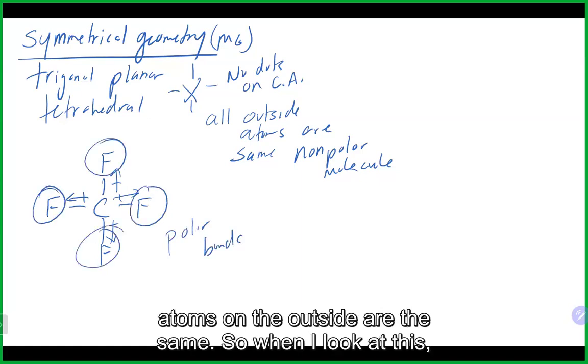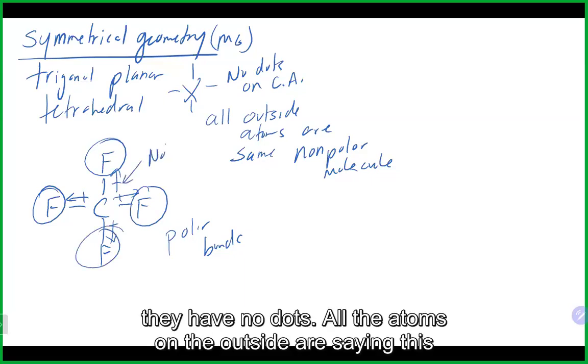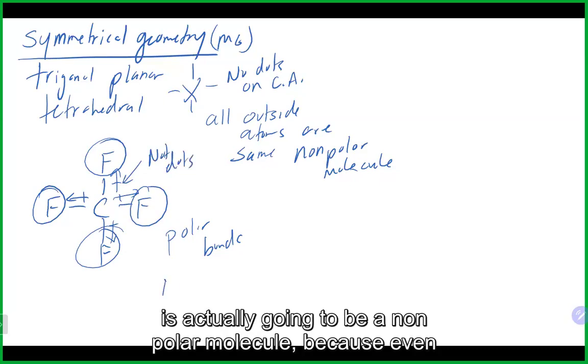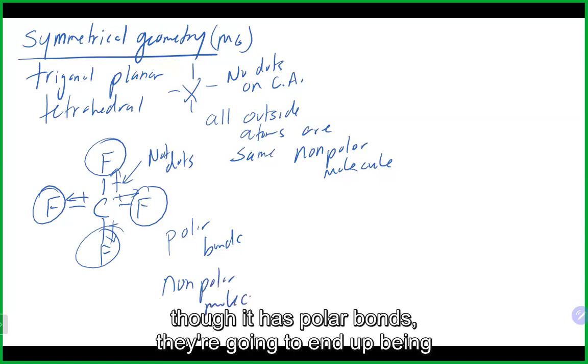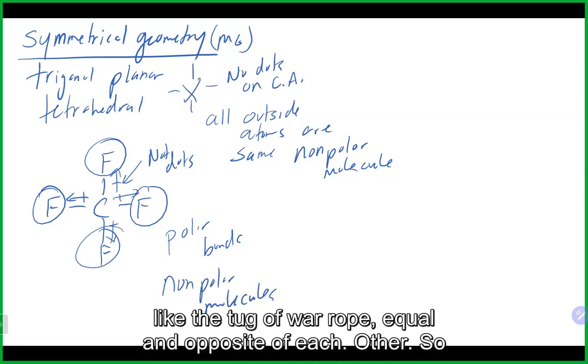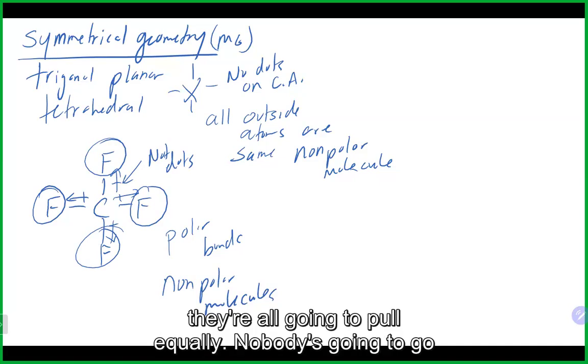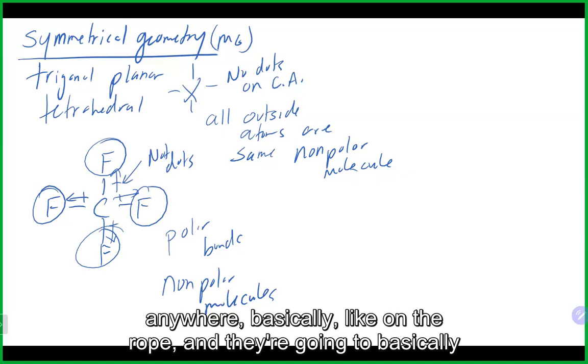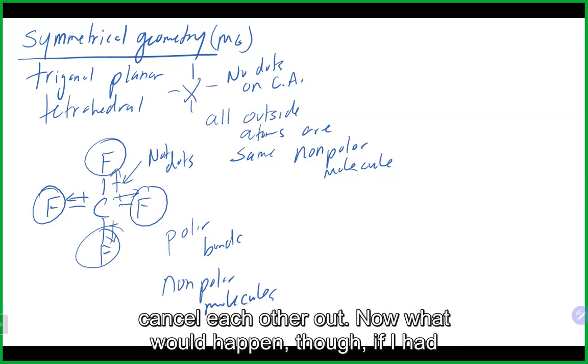So when I look at this, they have no dots. All the atoms on the outside are the same. This is actually going to be a nonpolar molecule, because even though it has polar bonds, they're going to end up being like the tug of war rope, equal and opposite of each other. So they're all going to pull equally. Nobody's going to go anywhere, basically, like on the rope, and they're going to basically cancel each other out.